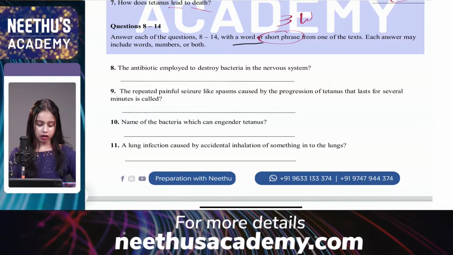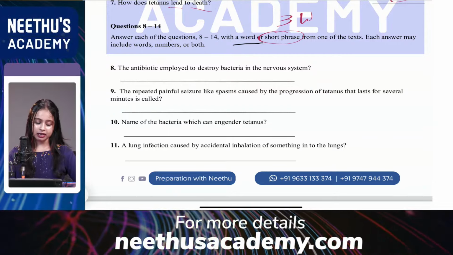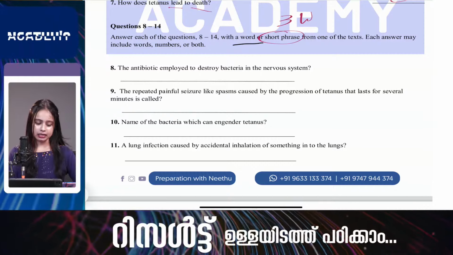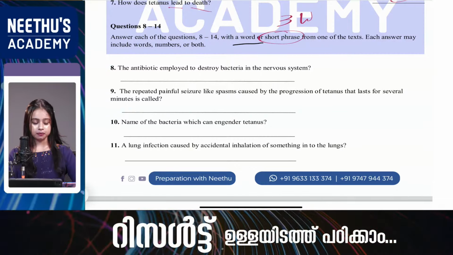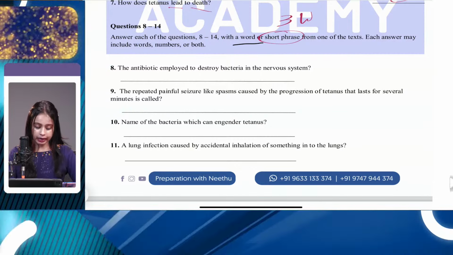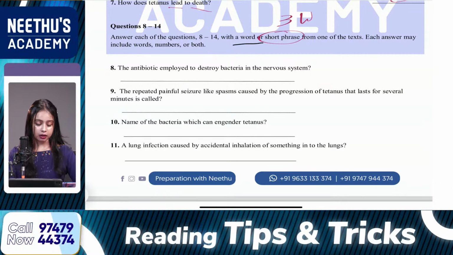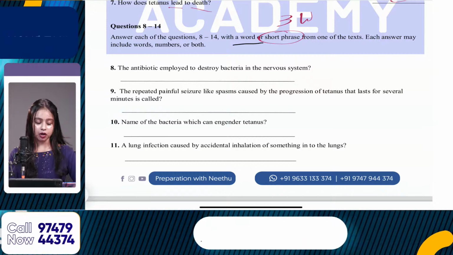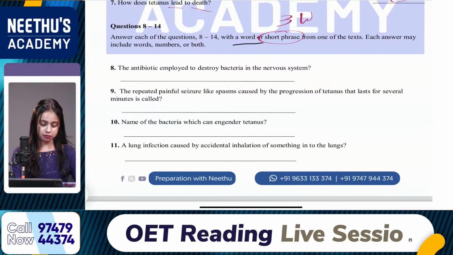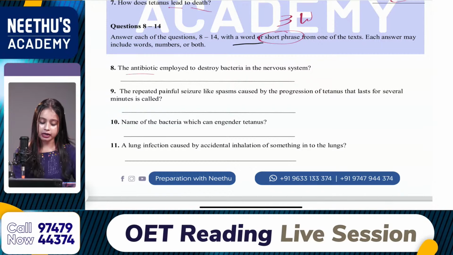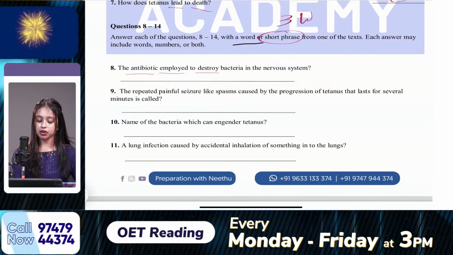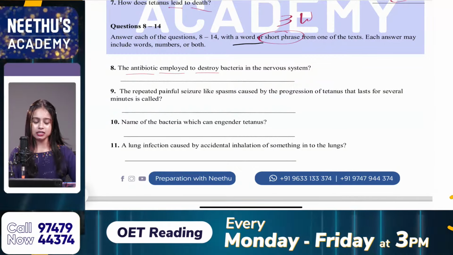Okay, Reba, Lijo and Kartika, you also got 7 out of 7. Very good, guys. Yes. So keep on trying, okay? Okay, Mega, 8th one, penicillin is your answer, and keywords: antibiotic, employed, destroyed. So antibiotic, employed, destroy, and I'm just marking those keywords.